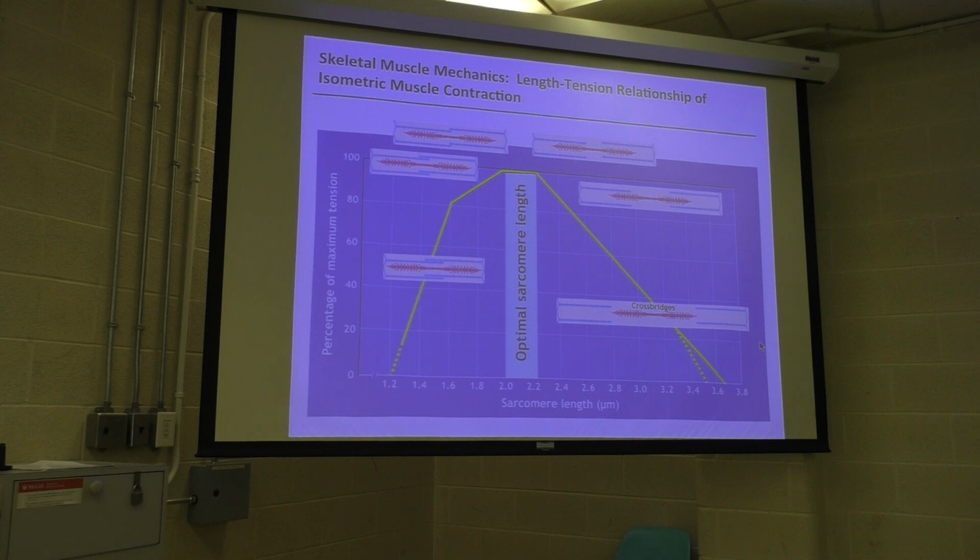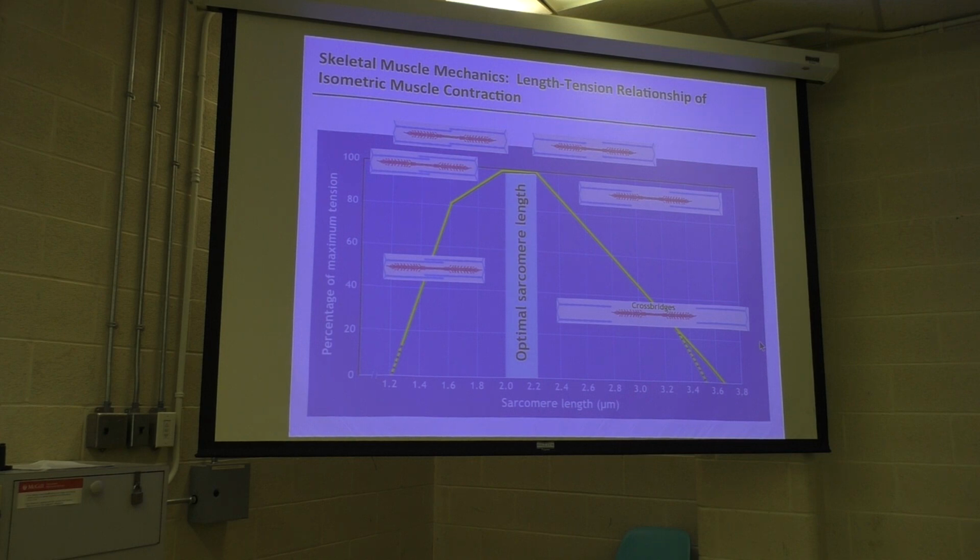So as a review for this time, we're going to be talking more about the gross structural relationships, so how pennation angle and cross-sectional area work. But this stuff is still really important.